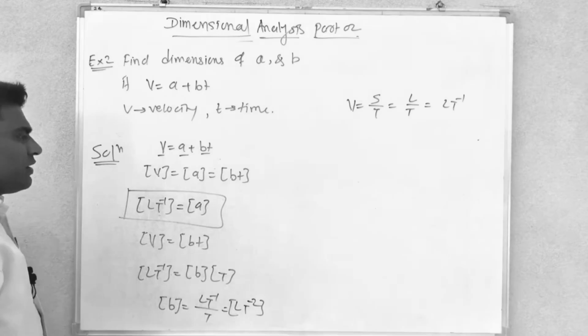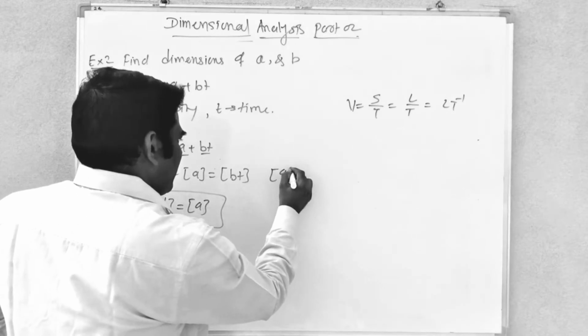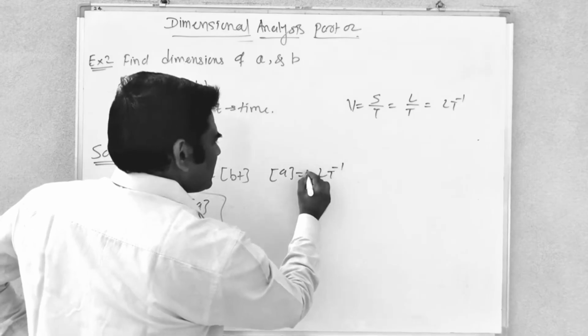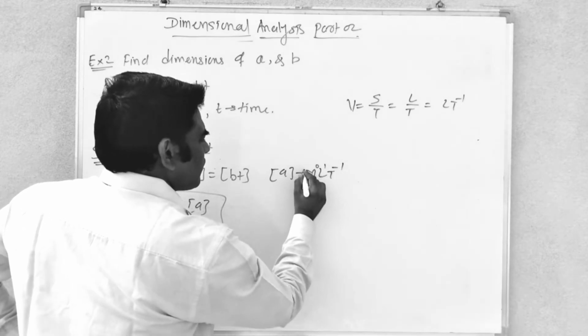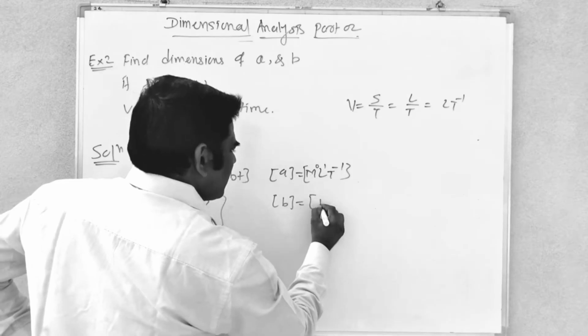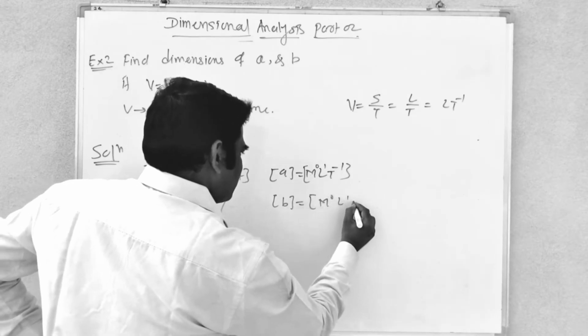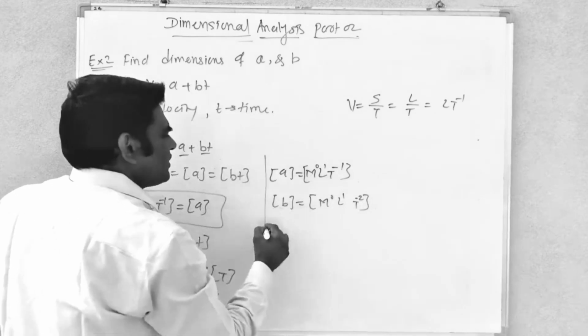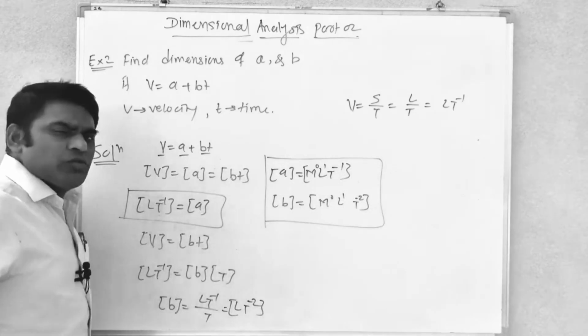So these are the dimensions of B. Dimension of A are L T to the power minus 1, M you can add if you want. Dimension of B is equal to M0 L1 T to the power minus 2. Got it? So in this way you can solve the numerical. Clear?